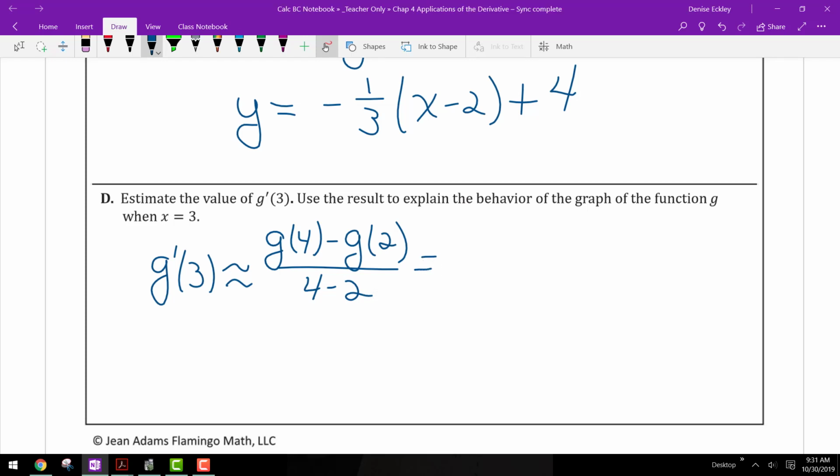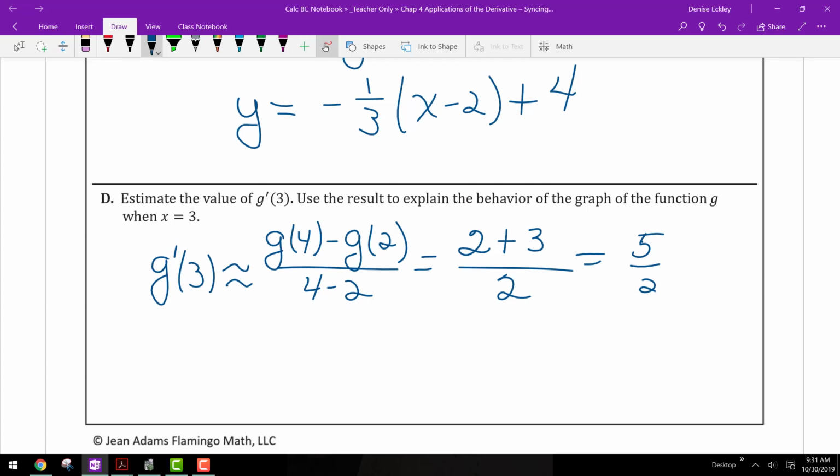So g of 4, I'm not going to scroll back up, you guys can look, is 2. g of 2 is negative 3, and then the difference between the x values is 2. So we get 5/2. Now use the result to explain the behavior of the graph of g when x equals 3.